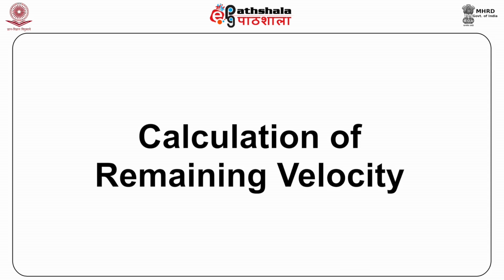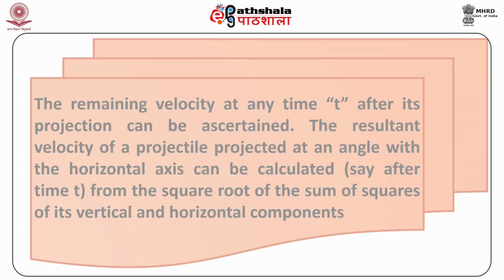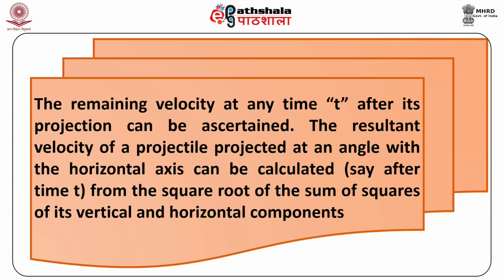Calculation of remaining velocity. The remaining velocity at any time t after its projection can be ascertained. The resultant velocity of a projectile projected at an angle alpha with the horizontal axis can be calculated, say after time t, from the square root of the sum of squares of its vertical and horizontal components.